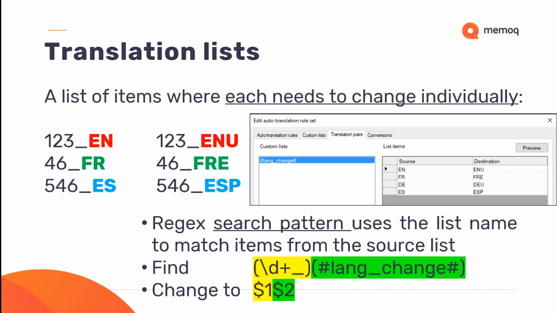If we find something like that, we'll keep the digits, we'll keep the _, and then we use the translation part of the translation list. So in the regular expression, it looks at the source language characters or matches that we have in there. And when we use the list in the replacement action, it looks into the destination column.